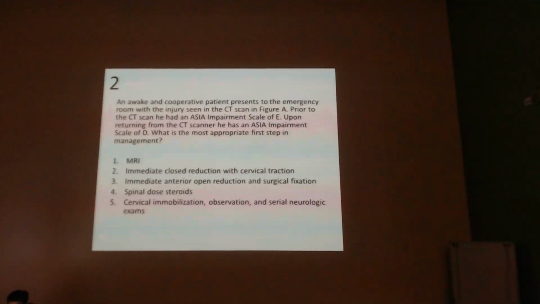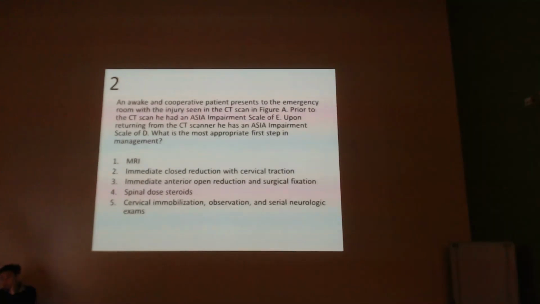If you can get it now and immediately, you'd go for one and get the MRI done pre-op. But if you can't, then either 2 or 3, depending on the surgeon's preference. Yes, that's reasonable. But the answer is actually 2.